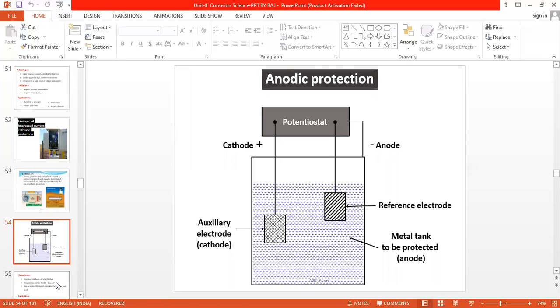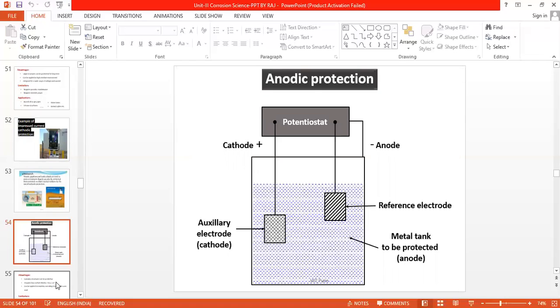We know that according to Nernst theory, when any two metals are in contact with each other in the presence of a suitable conducting medium or electrolyte, the element placed relatively at a higher position in the galvanic series is more active. It acts as anode and gets corroded, whereas the other element placed relatively at a lower position acts as cathode and gets protected.